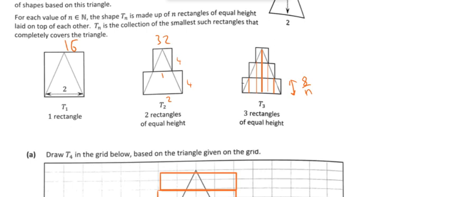So in this case it would be 2 divided by 6, but that's the same as 1 divided by 3, and in this case n is 3, so it'll always be 1 over n. So that's the width of one of the little rectangles, that's the length of one of the little rectangles.